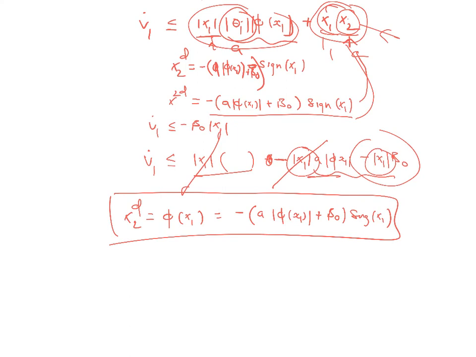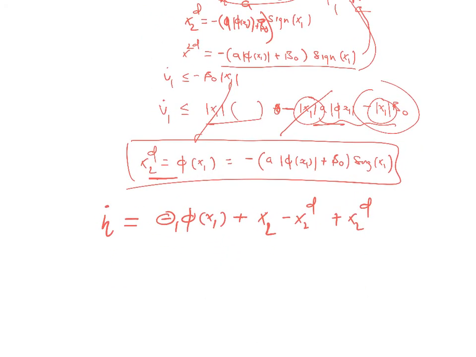Again, you can rewrite your eta dot equation. What is eta dot? Eta dot is theta 1 phi of x1 plus x2. Then you can write x2 desired here, so minus x2 desired plus x2 desired.